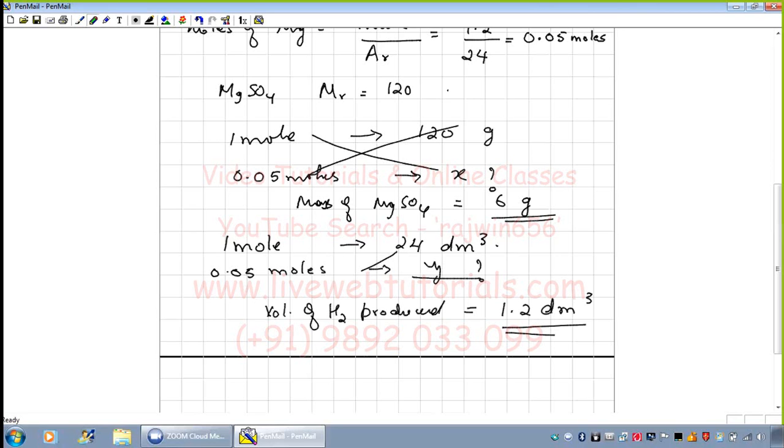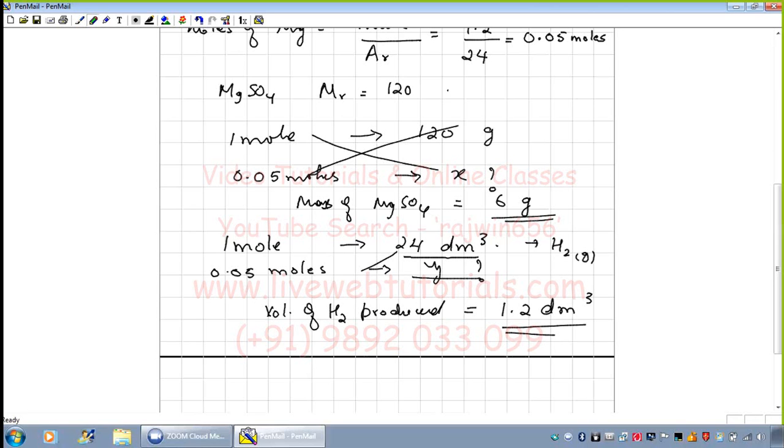Do we have to multiply by 2 because we have 2 atoms? No, we are not calculating the number of atoms here. We are calculating simply the volume. The 24 dm cube volume is for H2 gas. If we are asked the number of atoms, in that case it will be 6 multiplied by 10 raised to 23.